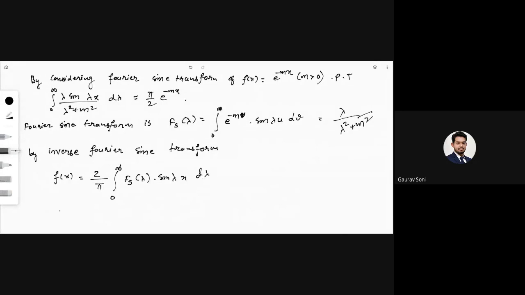Let's put the values, taking pi by 2 on the other side: pi by 2 e to the power minus mx. The right hand side is integral 0 to infinity, f s of lambda is lambda upon lambda square plus m square, sine lambda x d lambda. So we have shown this, as was to be shown.